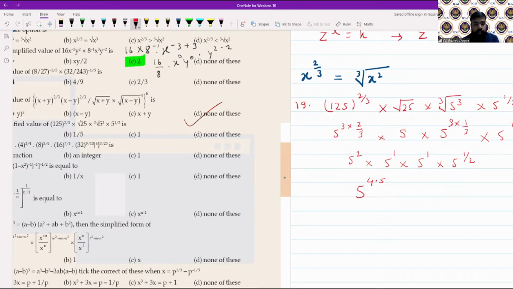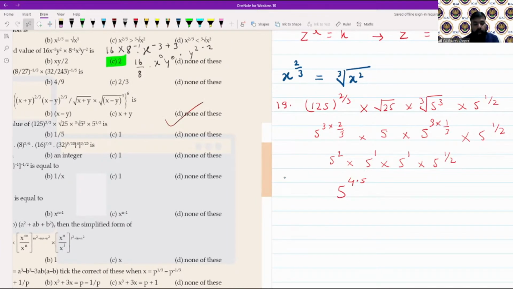And the last is 5 to the power of half. So taking all the powers together, we are getting 5 to the power of 4.5. It can be split and written as 5 to the power of 4 multiplied by 5 to the power of half, that is 625 root 5. So this will be the answer for question number 19.